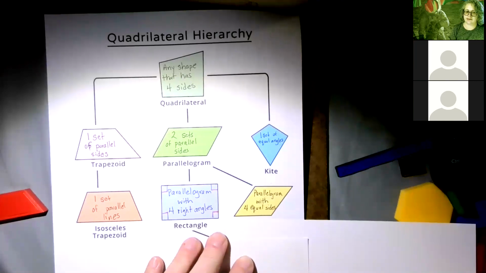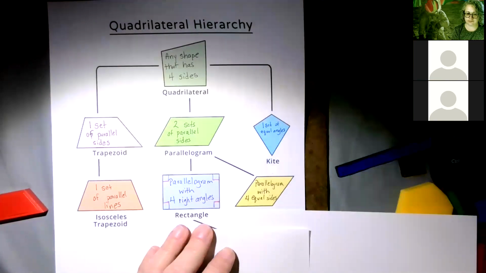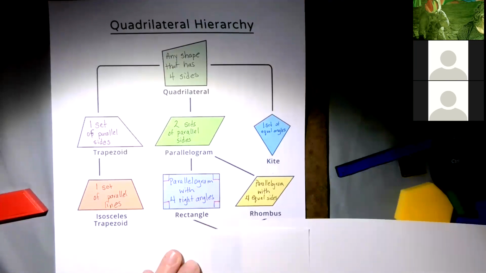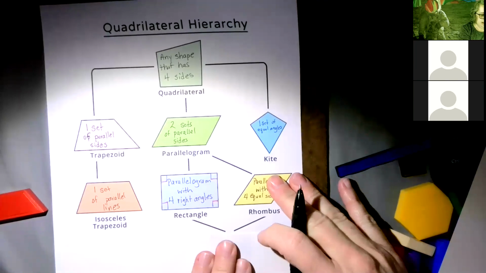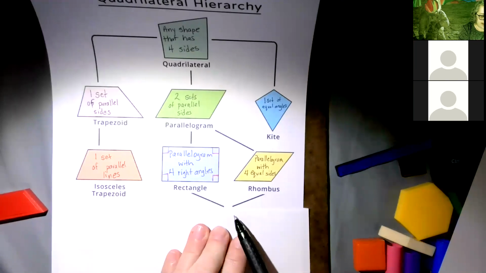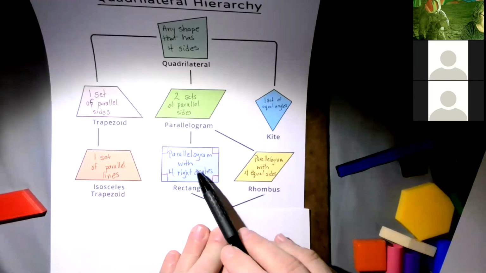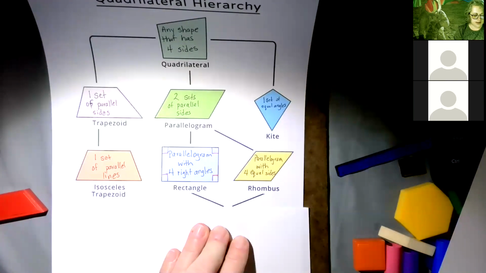What kind of parallelogram is this? Does anybody know the name of this one? Rhombus. Okay. Now we're going to come down here. And now we're going to look at a shape that is a rhombus, and it is a rectangle, and it is a parallelogram, and it is a quadrilateral.